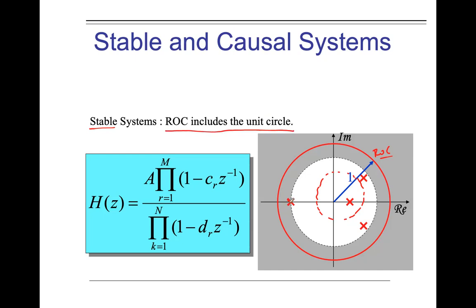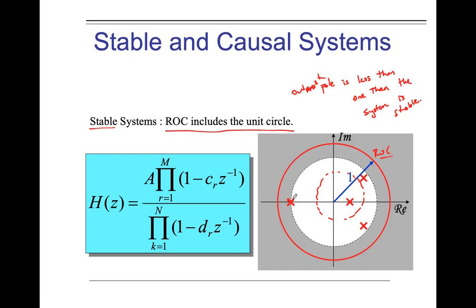If my outermost pole is less than 1, the magnitude, then the system is stable, right? Arkadaşlar, am I correct?